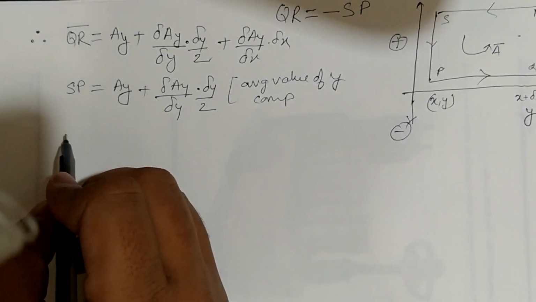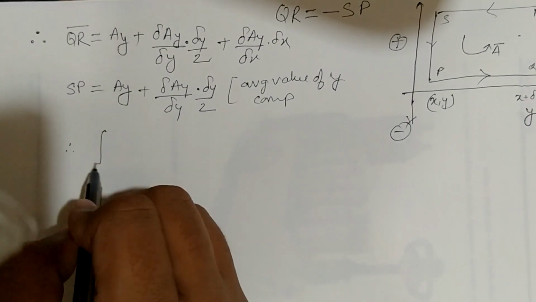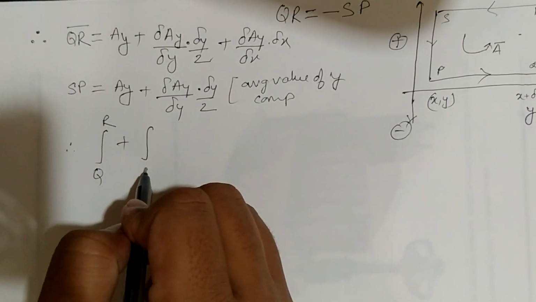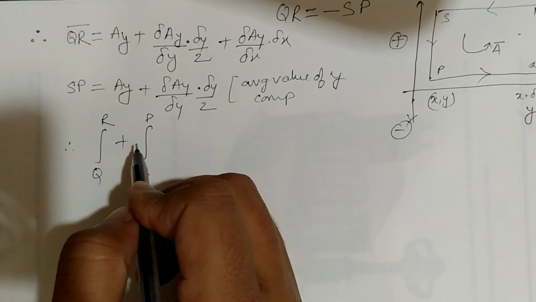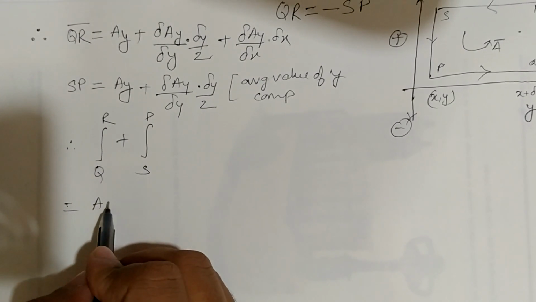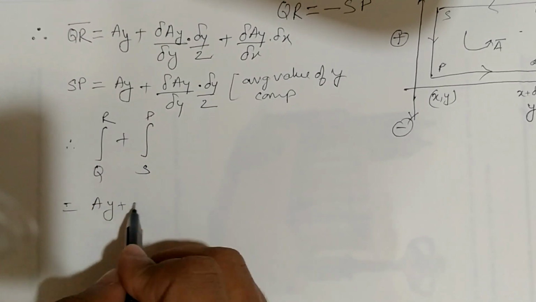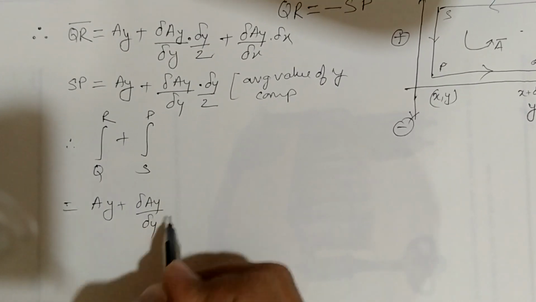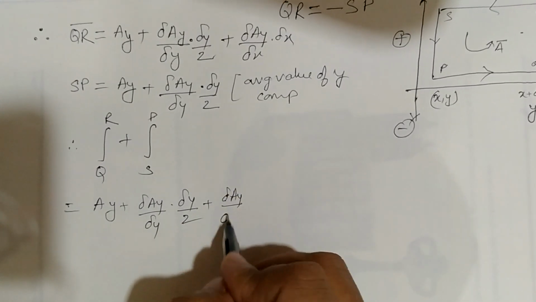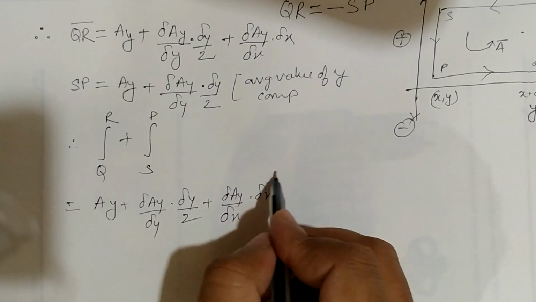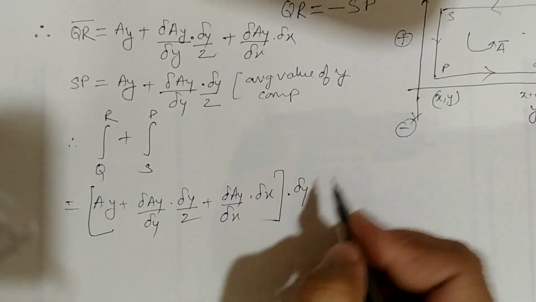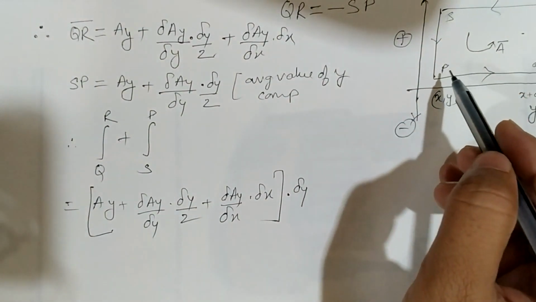Now we can calculate the value of the integral from Q to R plus S to P. For Q to R we have the value Ay plus delta Ay by delta y into delta y by 2 plus delta Ay by delta x into delta x, and for this we have delta y, because the line will be along the y axis.